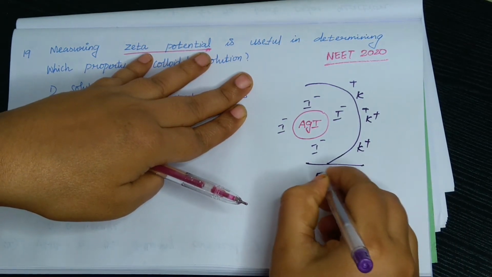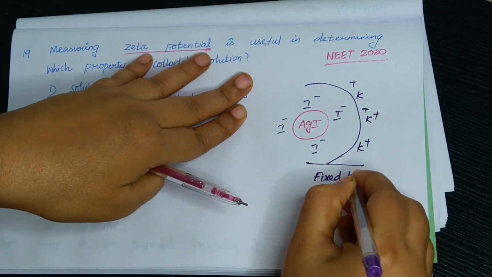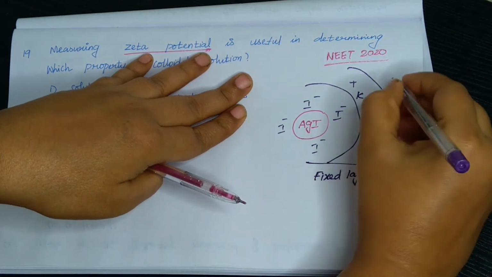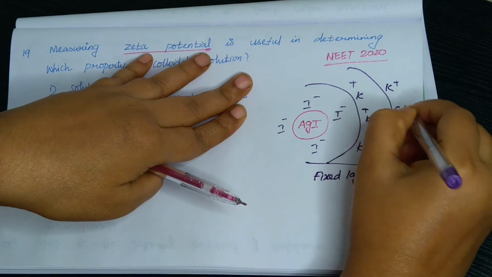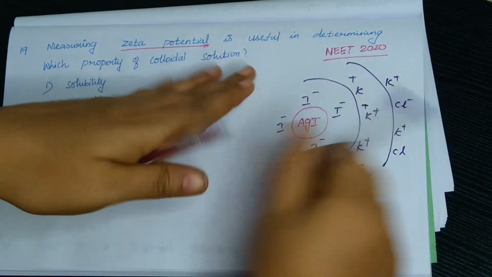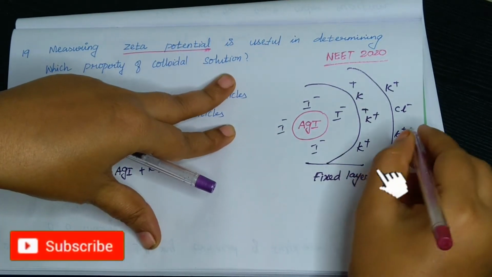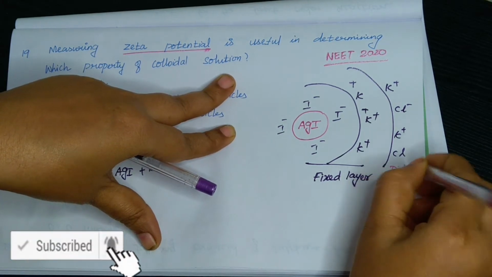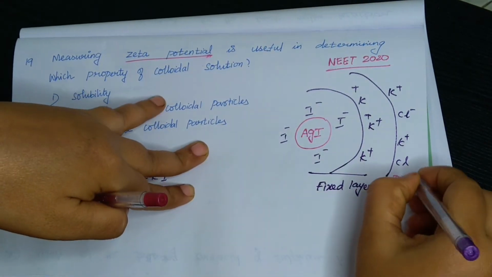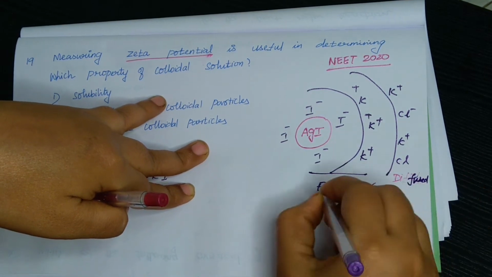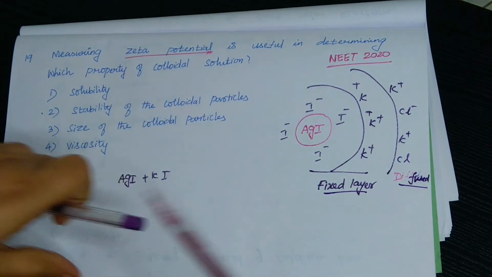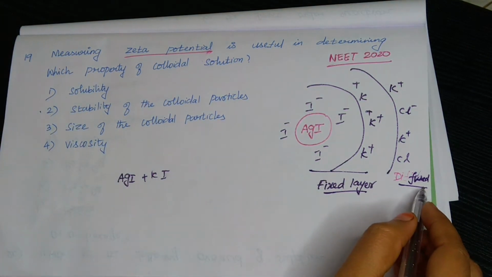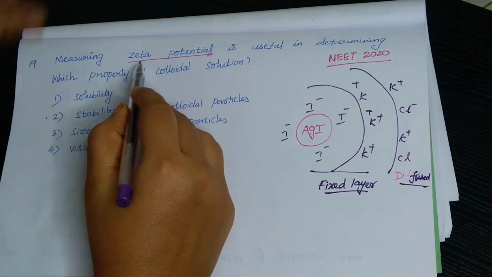This is said to be the fixed layer, and the next layer is the diffuse layer. K plus and Cl minus, with random ions, so this is the diffused layer. The potential difference between the fixed layer and the diffused layer is said to be zeta potential.